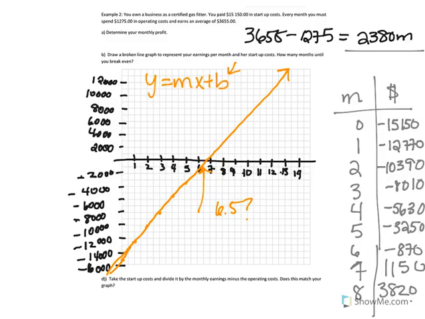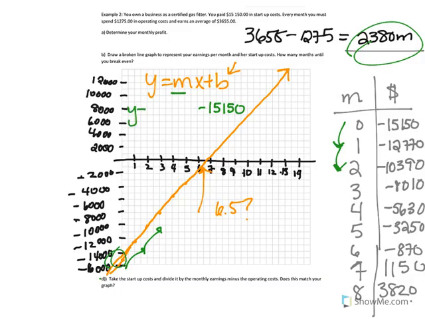Our b is our y-intercept, so negative 15,150, and our slope is the rate at which it's increasing, which is our profit every month. So y would be equal to 2380x minus 15,150.